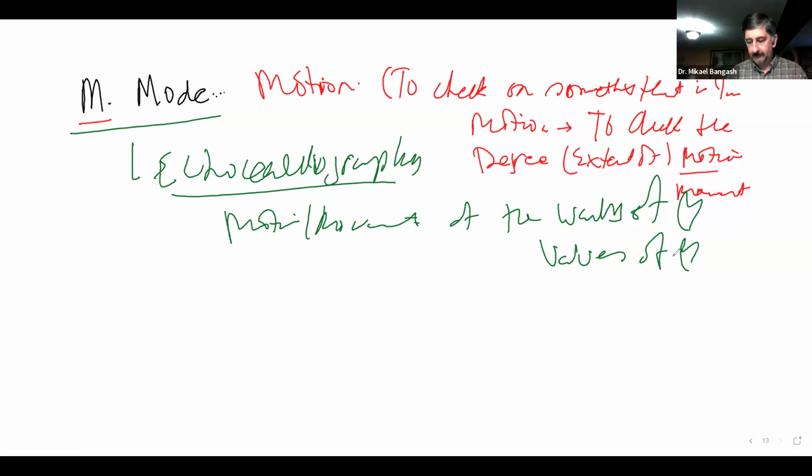Did you guys get that? Now, if you recall the other day, I used M mode to display the movement of the contraction of the muscles in the palm of my hand when I move my thumb.